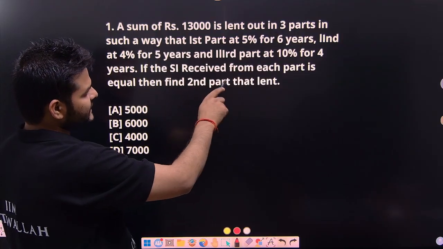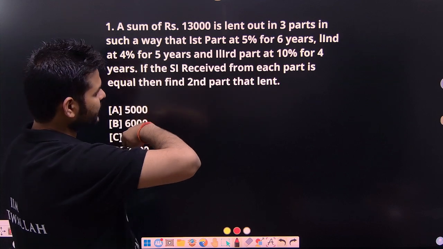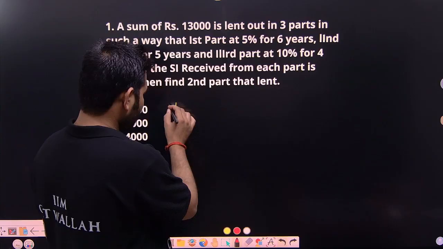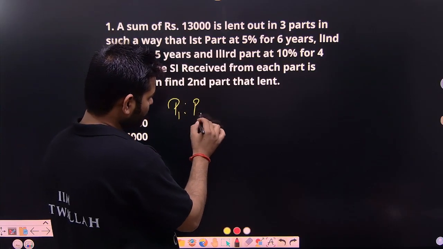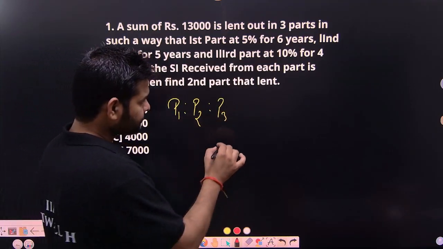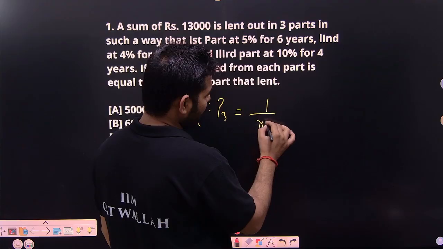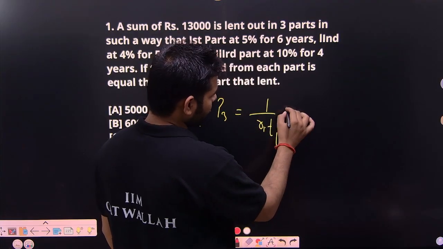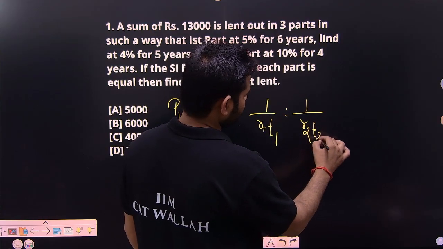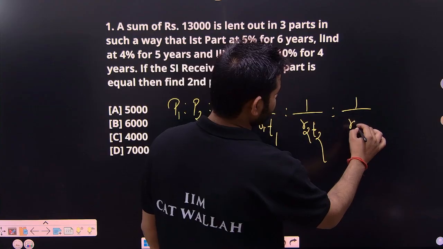If the SI received from each part is equal, then the second part would be? So we have learned that for P1, P2, P3, the ratio of all 3 parts would be 1 upon R1 T1, ratio 1 upon R2 T2, ratio 1 upon R3 T3.